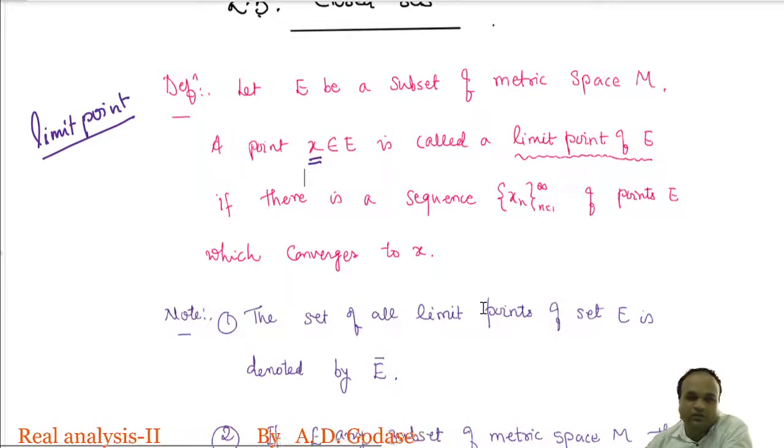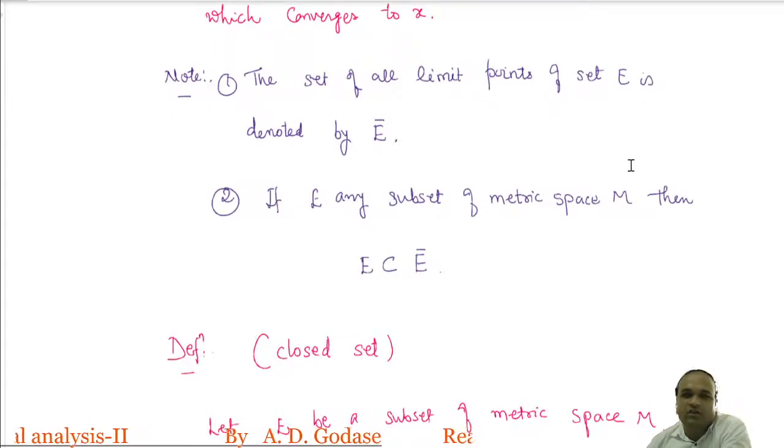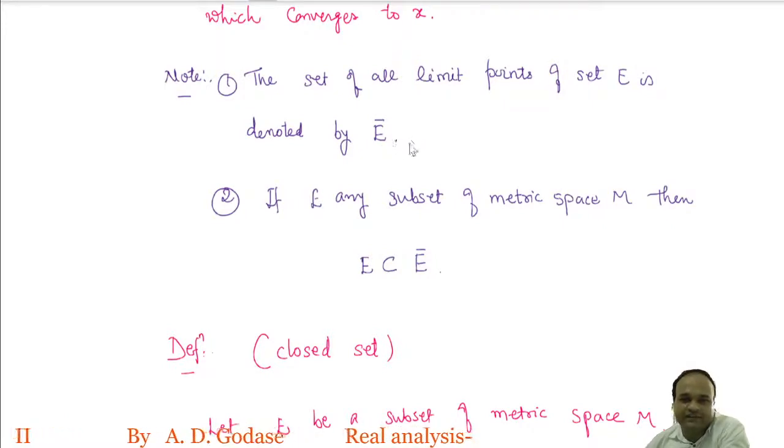So the set of all limit points of E is denoted by E bar. So what is E bar?